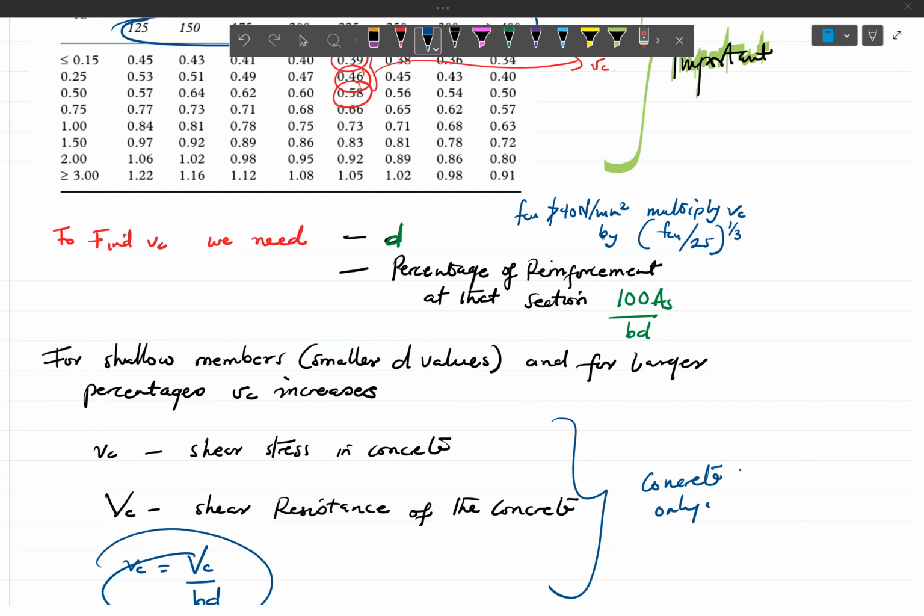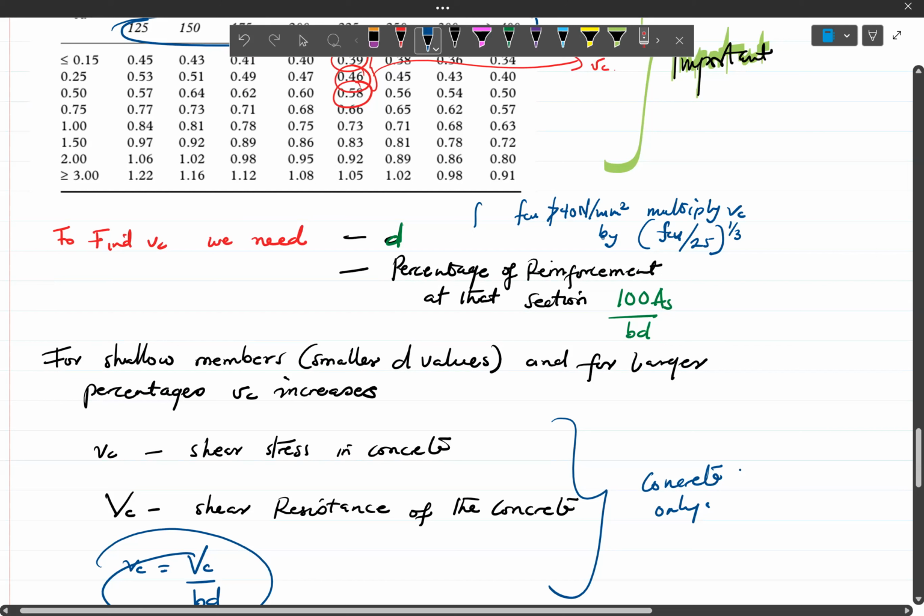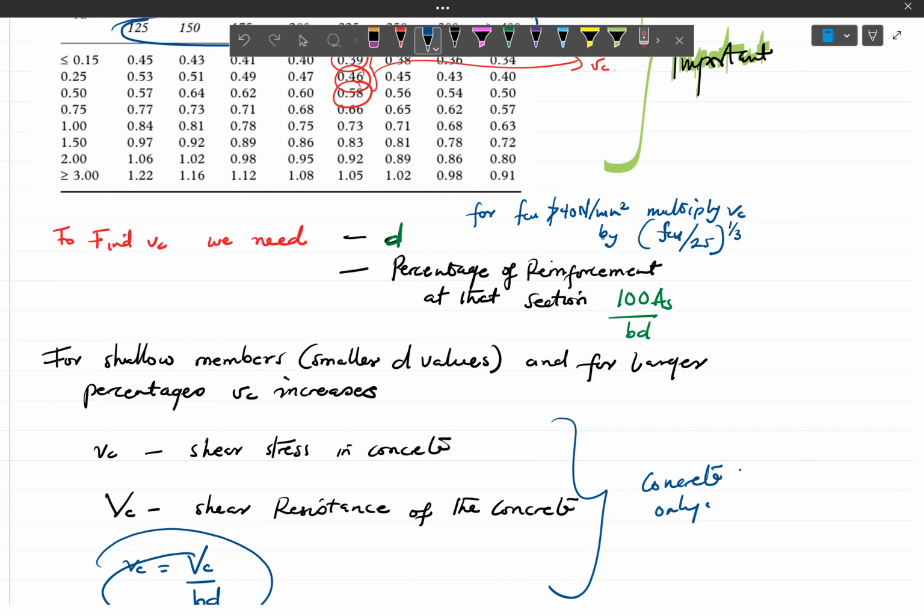All right. So we see where this plays a role, but just take a note. For FCU not exceeding 40 newtons per millimeter squared, whenever we find the VC, which is the design concrete shear stress, we should multiply that value by FCU over 25 exponent 1/3. Then that will give us the VC for that particular FCU. Okay, please. Very important, right?